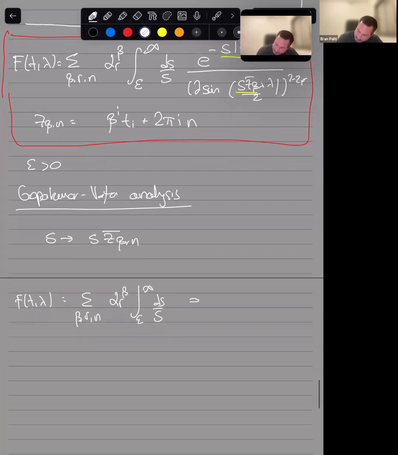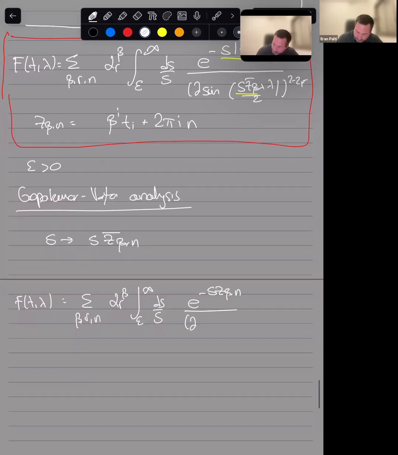And then at the top, we get S Z beta n. And here we have 2 sine S lambda over 2 to the 2 minus 2r. And this is a nicer expression in the sense that now we see that manifestly it's holomorphic in the t parameters, which is something that's expected.